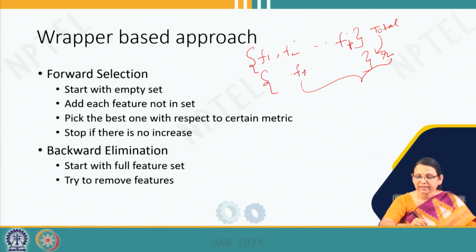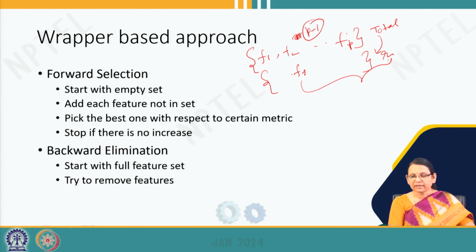Now, how many are remaining here? Here you have a total of p minus 1 remaining. So, keeping Fi, of the rest p minus 1 you choose, let us say, Fj. With all the j from 1 to p minus 1, you will now be taking these two together and building the model using R as the response variable.